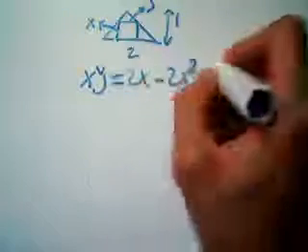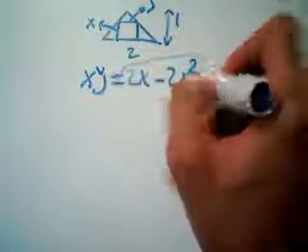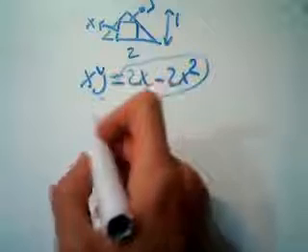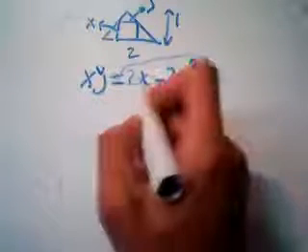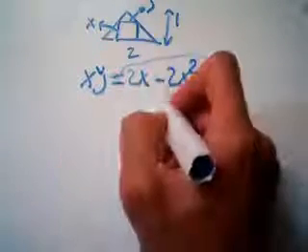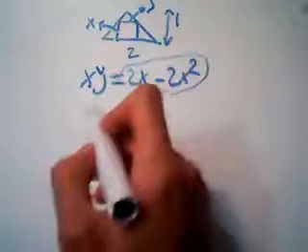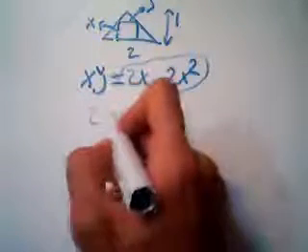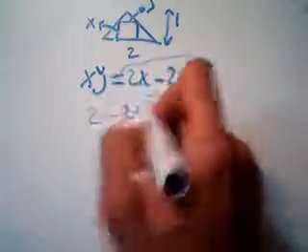Now here, if you substitute, for instance, 0 into x, that would be 0. If you substitute 1 into x, that would be 2 minus 2, 0.